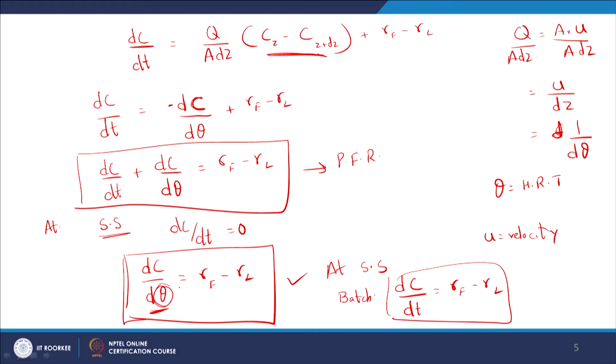Theta is the hydraulic retention time, but again what does that give an idea about? How it changes with distance, right? Because here we have 1 by d theta equal to u by dz, and what is z? Change with distance, right? So again keep in mind that for the plug flow, obviously the variable changes with distance, so that is what it means, right?